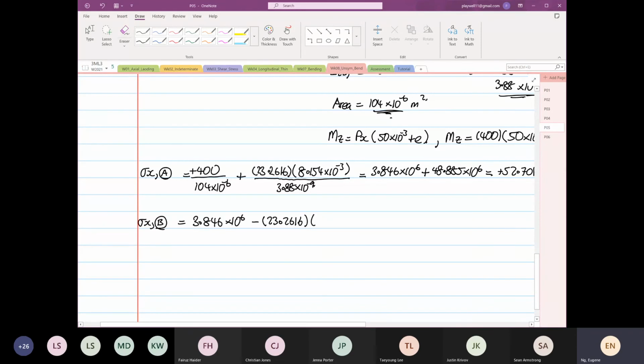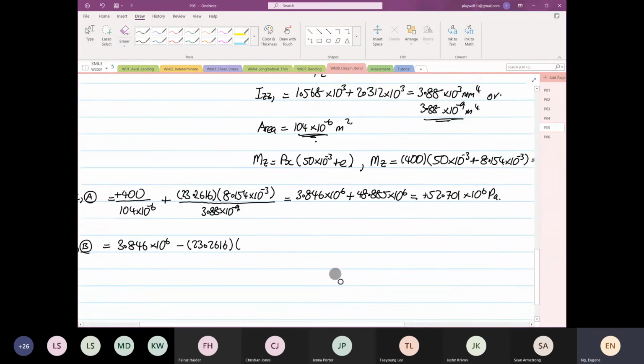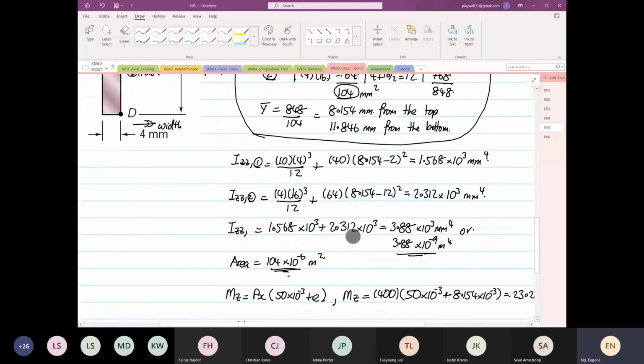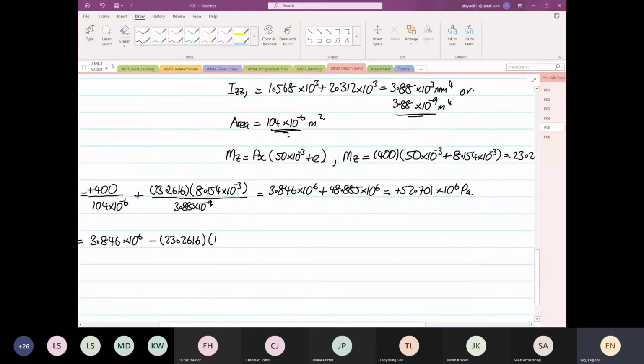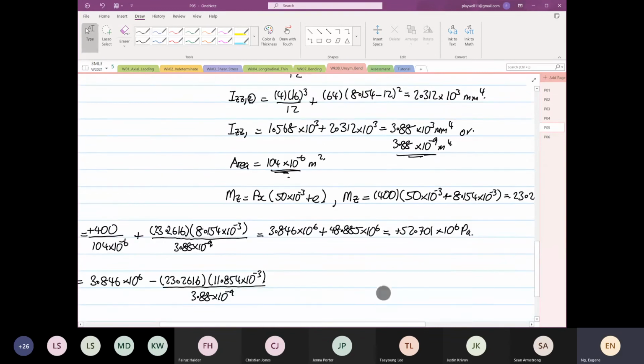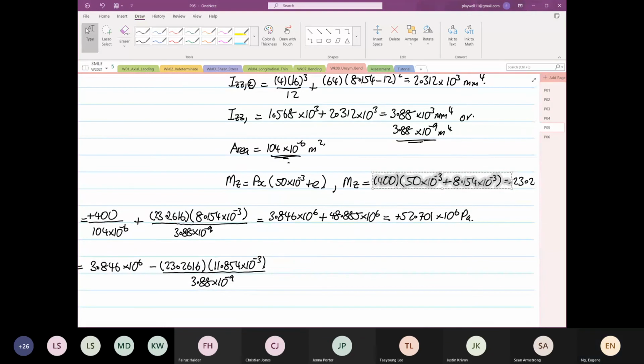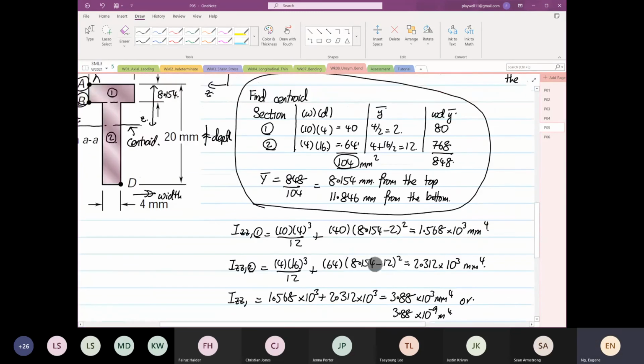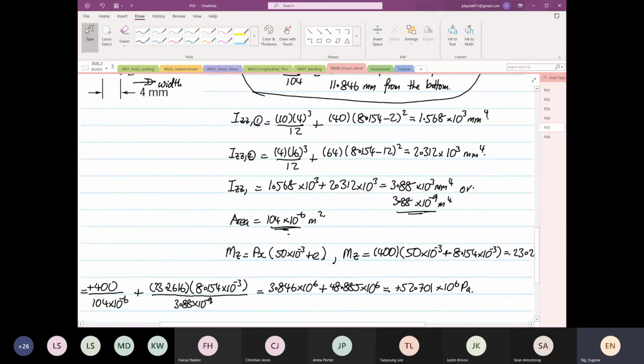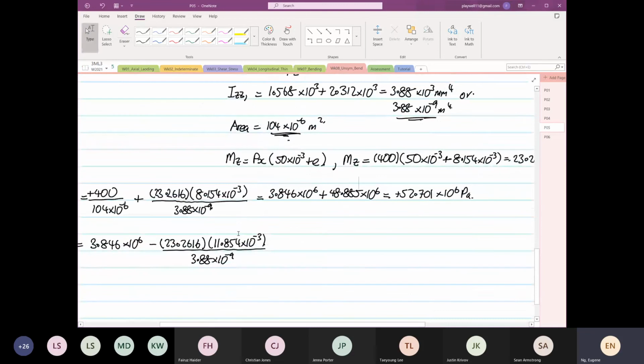So at point B, we calculated the distance earlier, from the bottom 11.846, and then divide by 3.88. Let me check. 11.846.